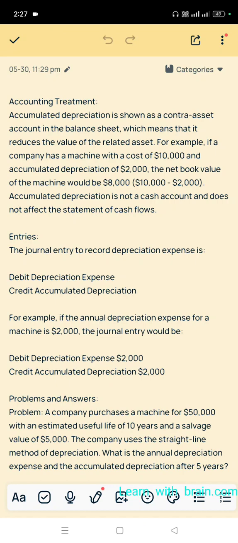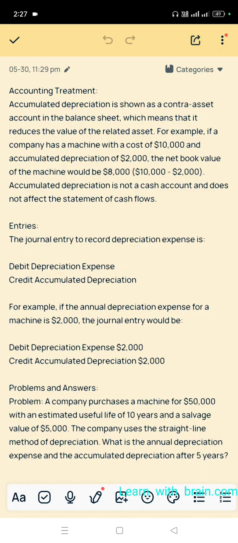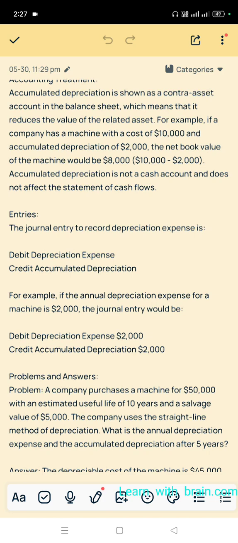For example, if a company has a machine with a cost of 10,000 and accumulated depreciation 2,000, the net book value of the machine would be 8,000. After deducting accumulated depreciation, the value of the asset is 8,000.